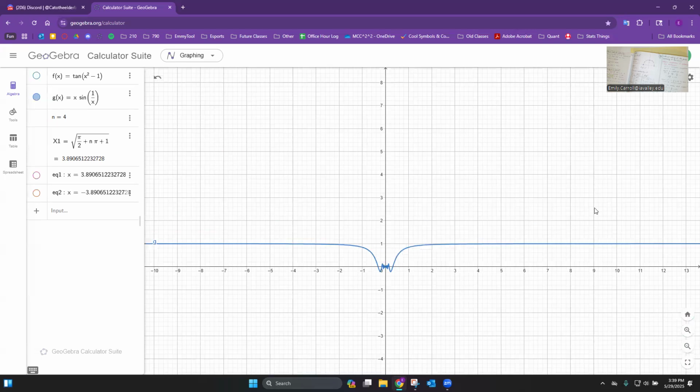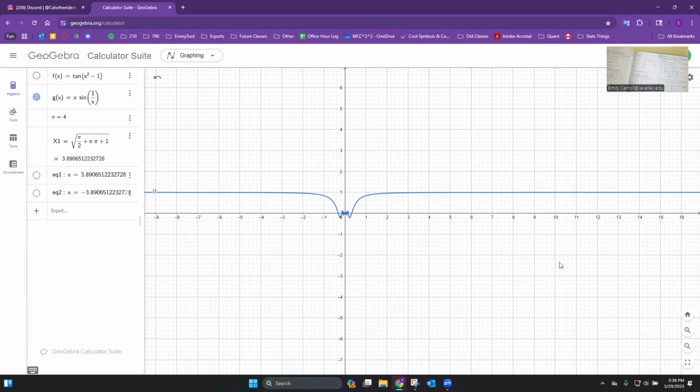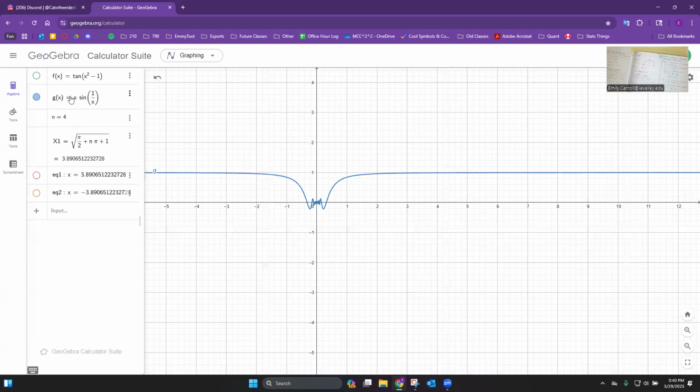Out here for some big numbers, 1 over a big number is a small number, so sine of 1 over a big number is acting like it wants to be close to sine of 0, and sine of 0 is 0. But then it's times that big number as well. Sorry, I confused myself for a moment there.